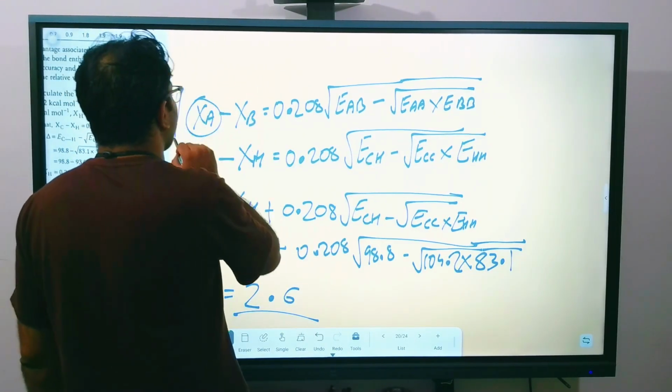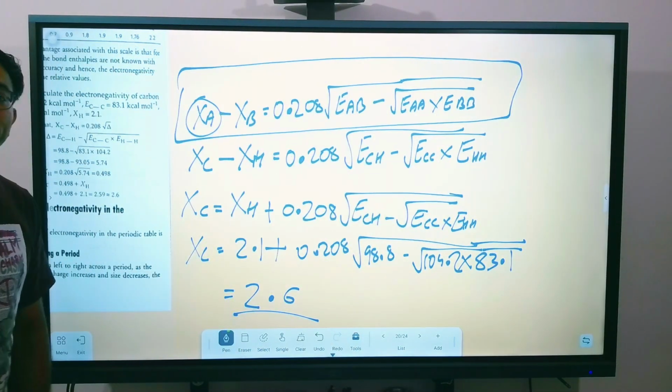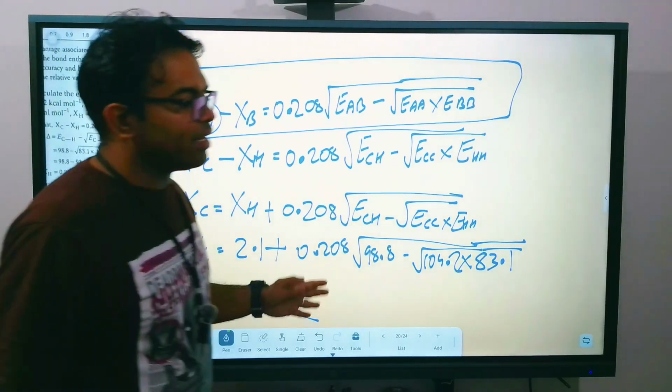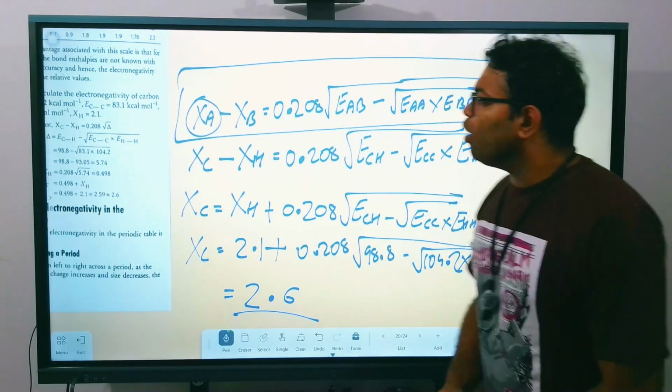Okay, this is known as the Pauling formula. This is known as what? The Pauling formula.